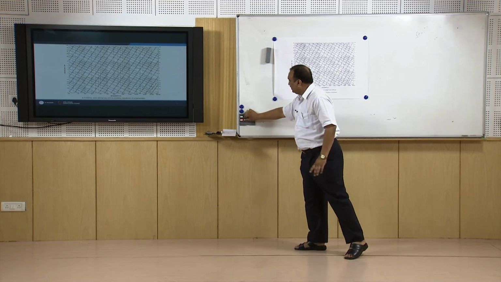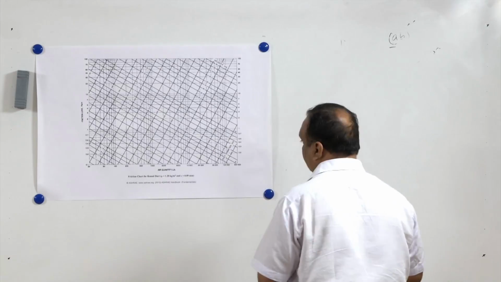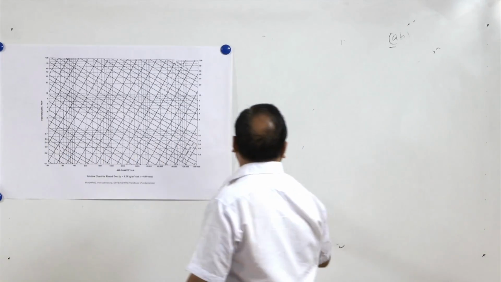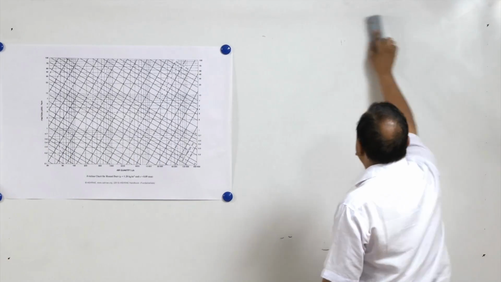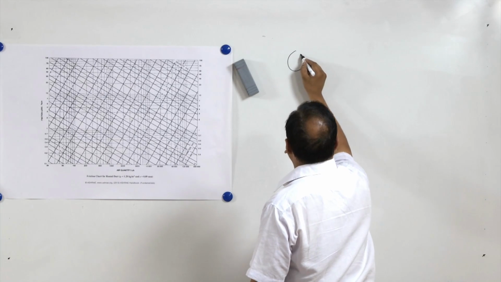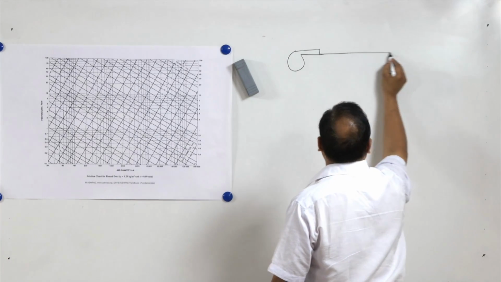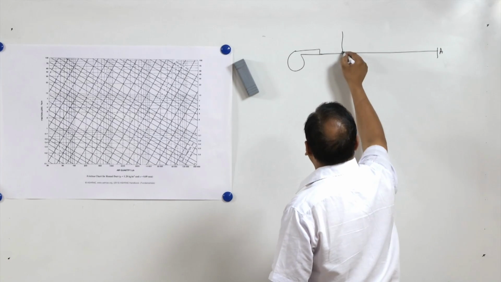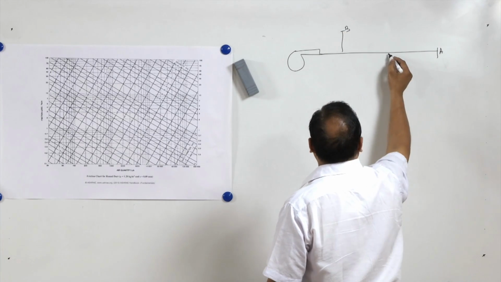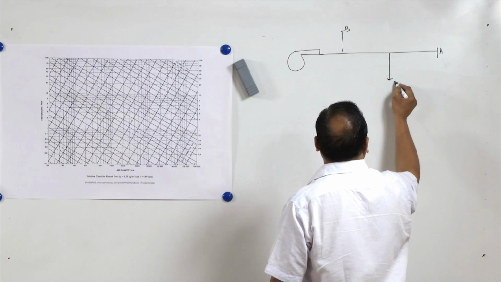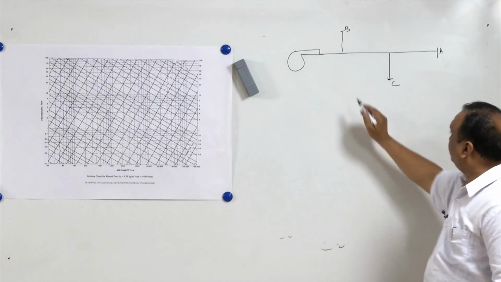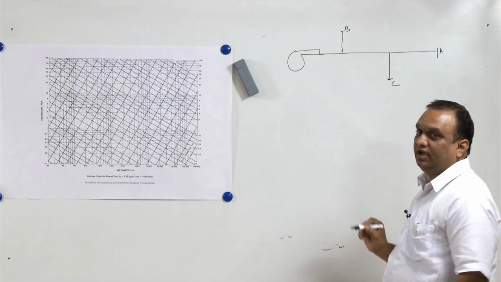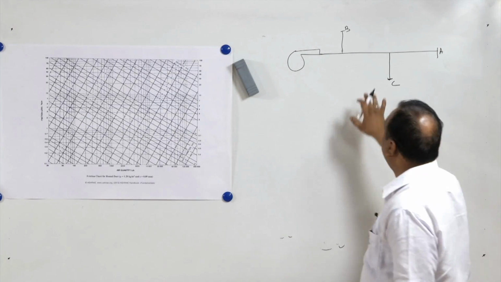Suppose I have to design a duct. I have to design a duct and I assume any duct network. Let us say there is a fan, that is one opening A, another opening B, third opening C. Let us have this duct, and losses in the bending are compensated by the duct length.